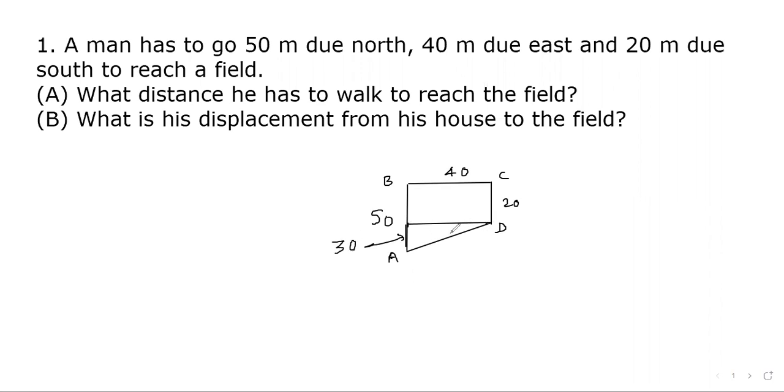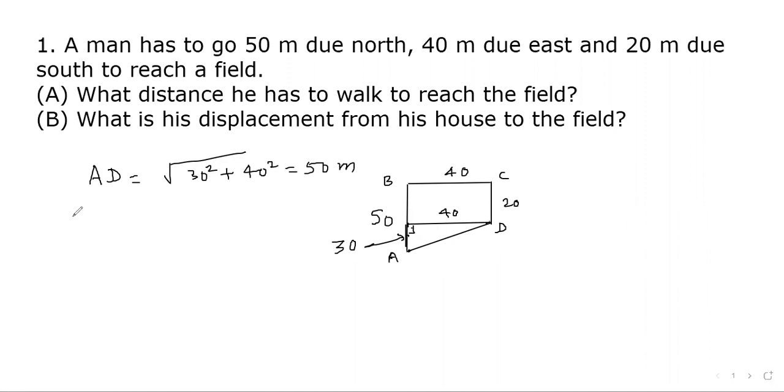Now, this is 40. We have to find this displacement. Here we can apply Pythagoras theorem to get the displacement. So AD is the displacement. That will be equal to the square root of 30 square plus 40 square, which is 50 meters.